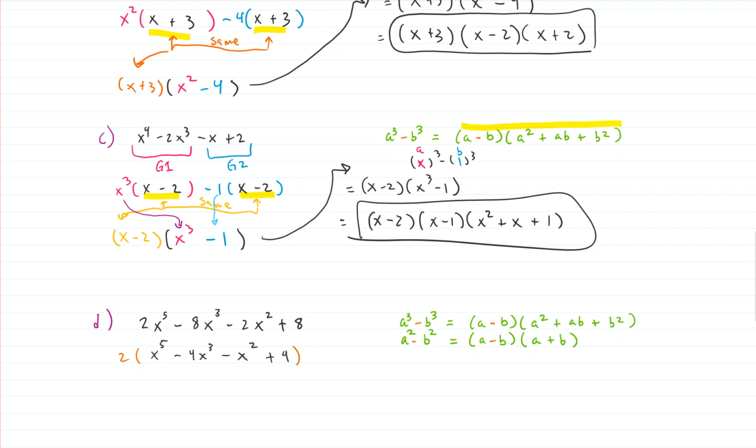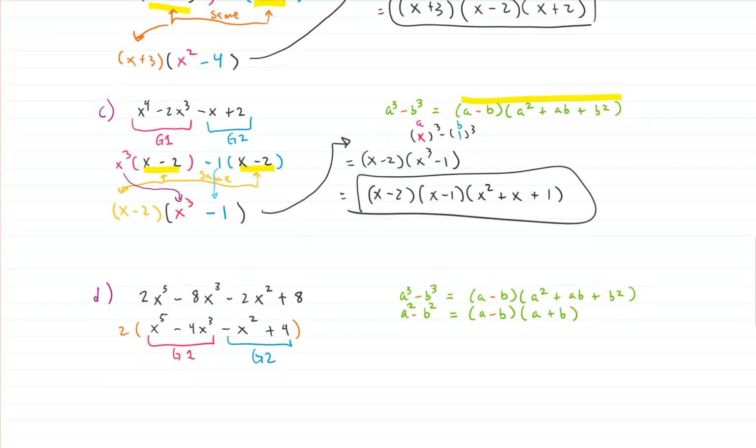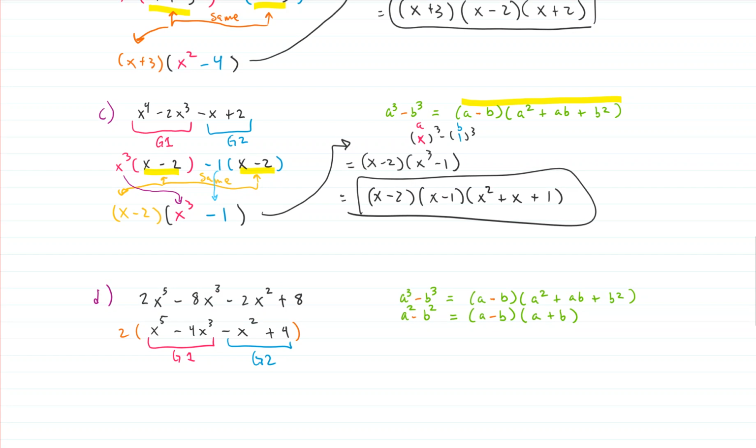All right, now let's put back in our group 1 and group 2. So x to the 5th minus 4x cubed is going to be group 1. And group 2 will be negative x squared plus 4. The 2 will just continue down. And out of group 1, we can pull out an x cubed.